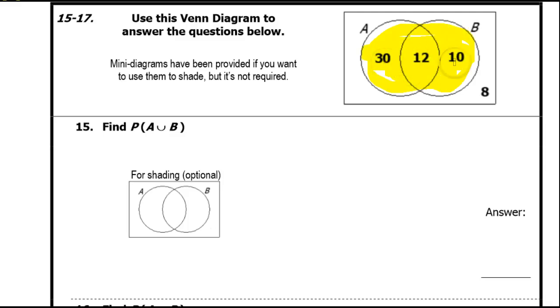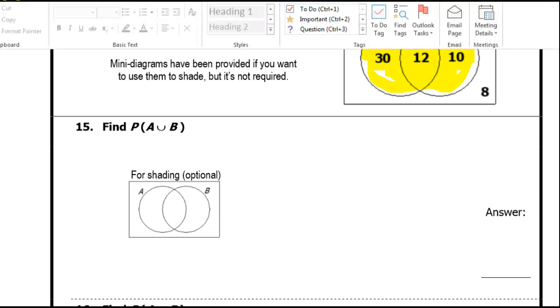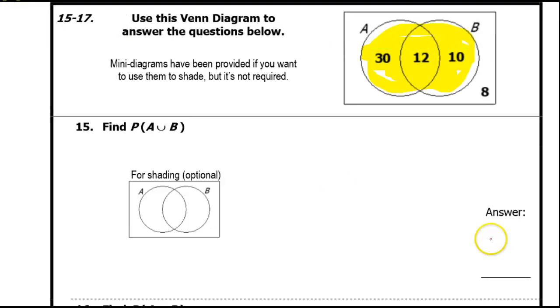So that's 30 plus 10 is 40, plus 12 is 52. Be careful though, this is a probability, so we have to do target over total. That P tells me that it's going to be a fraction. So I'm going to do 52 out of, and the total would include the 8 in addition to this, so that would be 60.